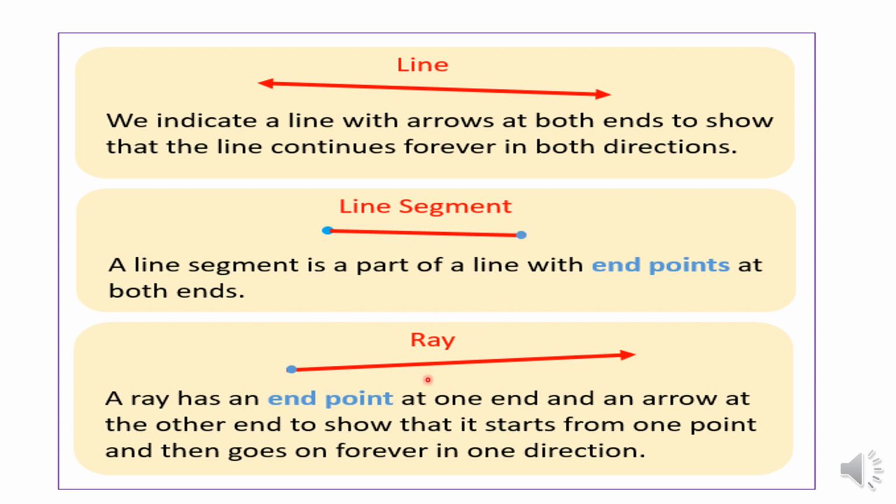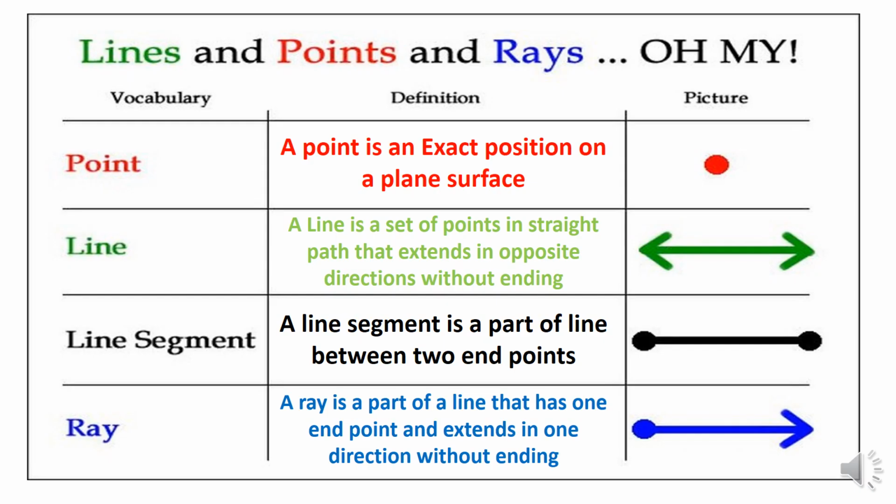The ray has an endpoint at one end, and at the other I have the arrow. So it has one ending point, and on the other side it has an arrow to show that it will move only in one direction. So this is what I mean by point, line, line segment, and ray.